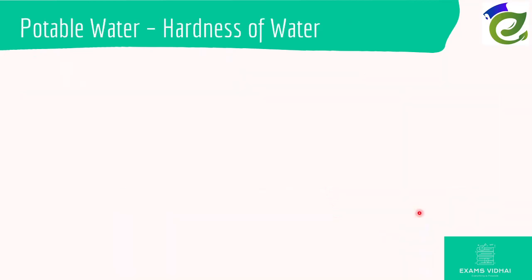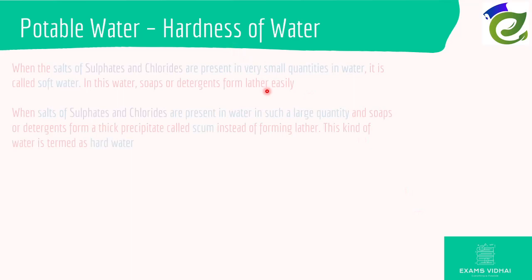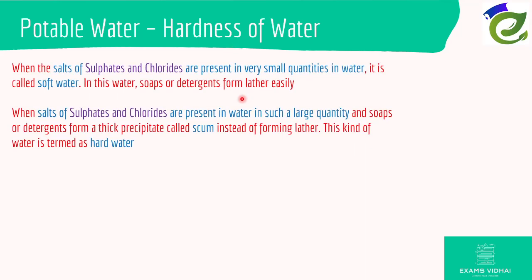The last property of potable water, which will determine its potable characteristics, is the hardness of water. When salts of sulfides and chlorides are present in small quantities in water, it's called soft water, and when they are in really large quantities, it's called hard water.